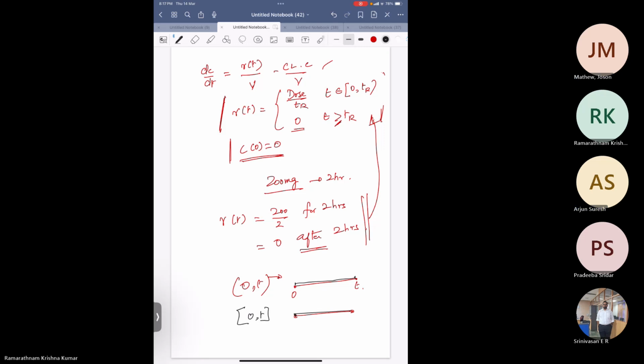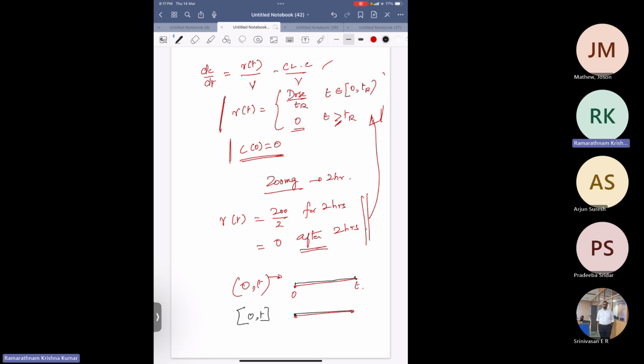Now, the infusion rate is what you are interfering into the system. You are giving this as an input. So drug input: you are forcing the drug inside.